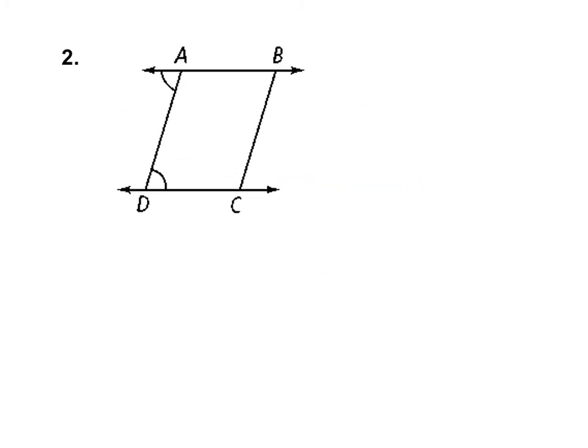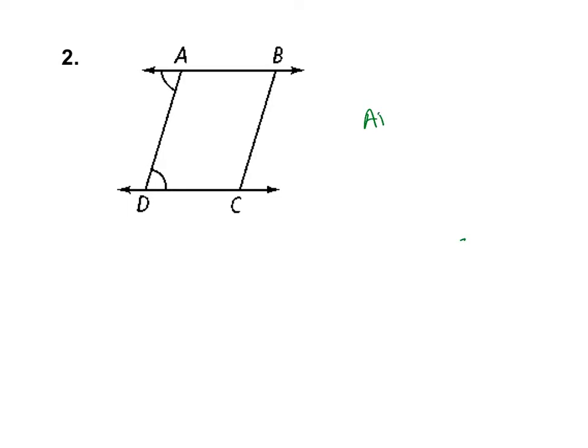The second one right here. I have this angle right here and that one. Those two angles are alternate interior angles, and because they are congruent, that means that my lines are parallel.